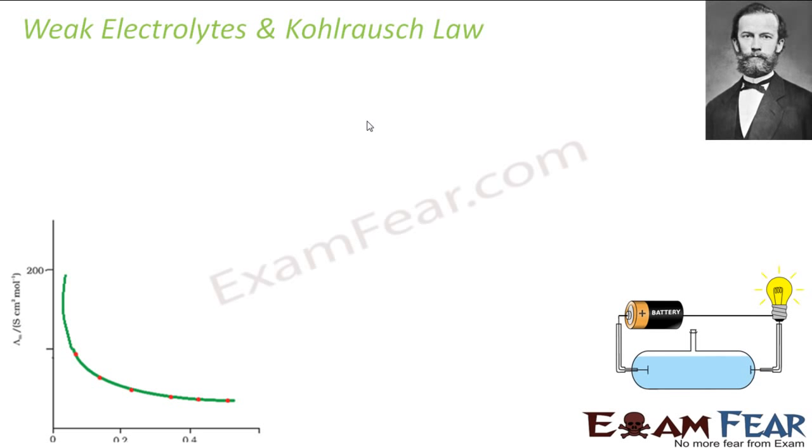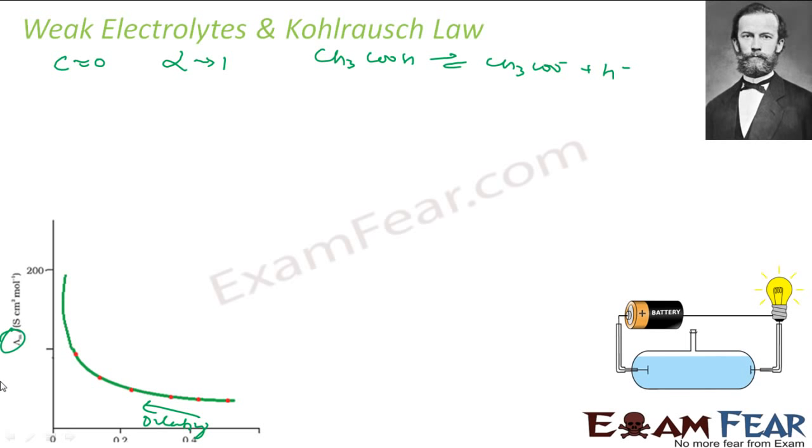So the molar conductivity at infinite dilution, let's suppose the concentration is almost zero. So in that case, the degree of dissociation is almost 1. Let's suppose I take a weak electrolyte, and I'm diluting it, and this is my molar conductivity.